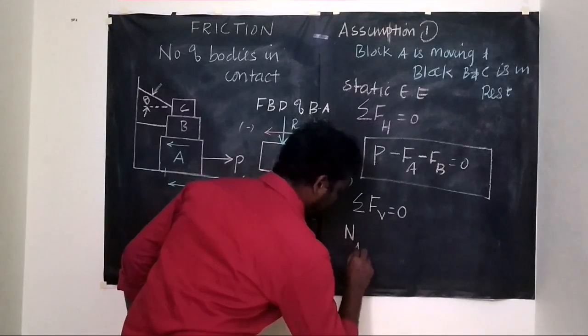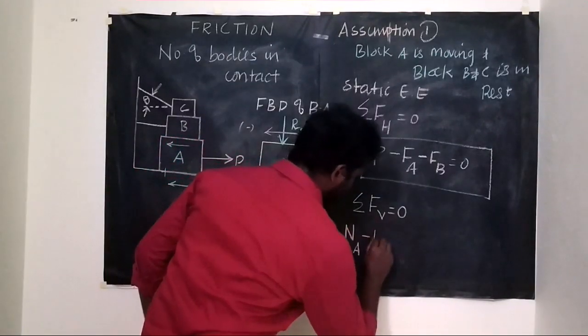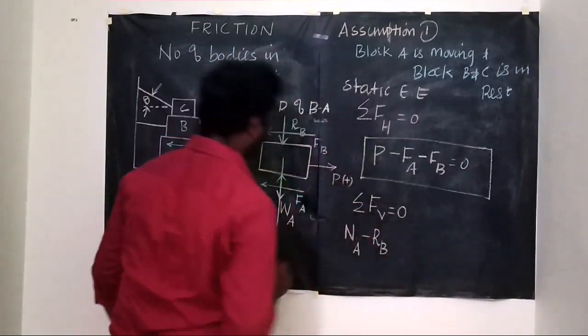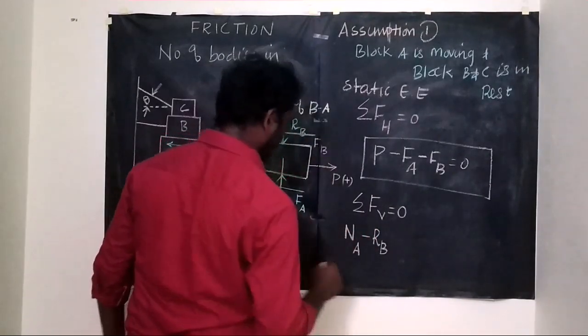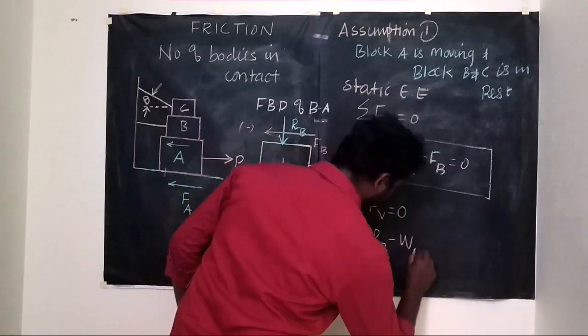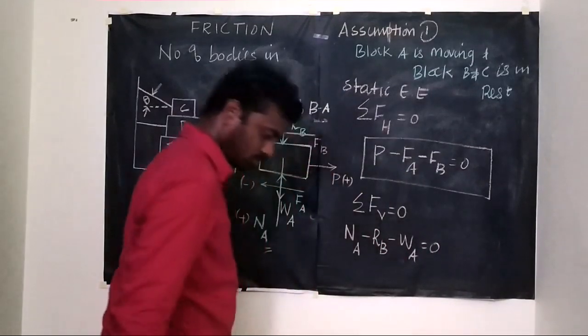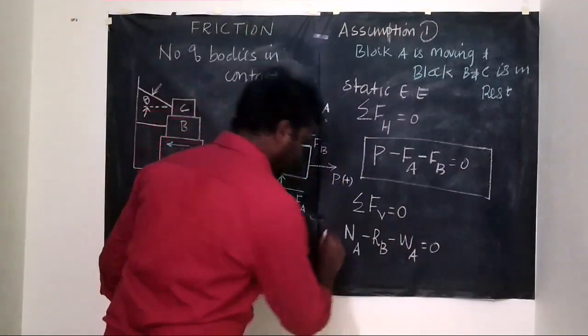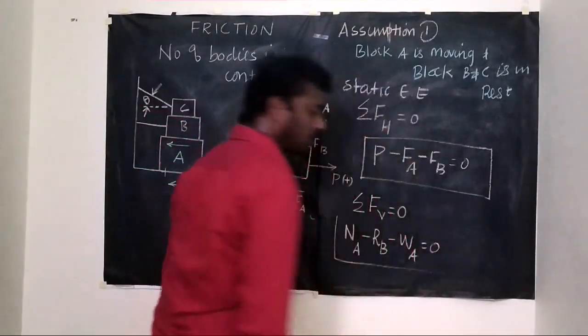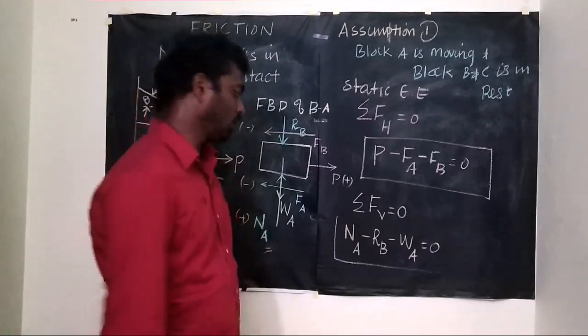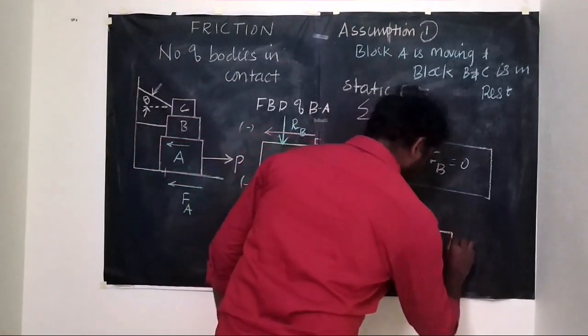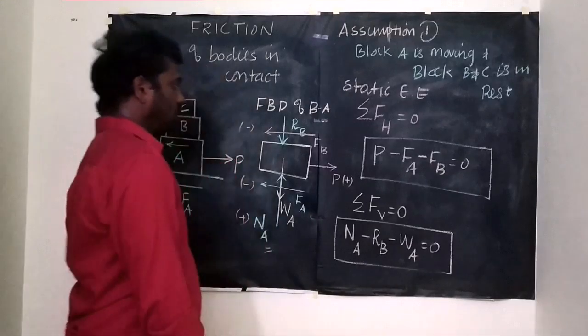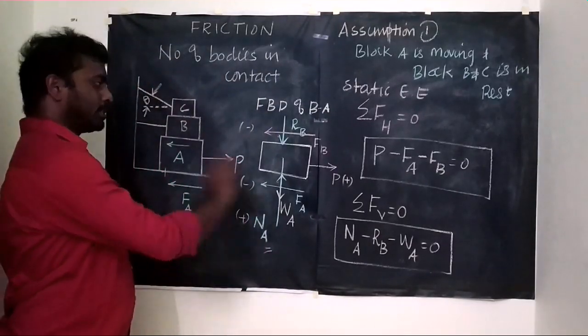N suffix A minus R suffix B minus W suffix A equals 0. Okay, this is my required equation. From this equation we can calculate the unknown value. Now block A is over.